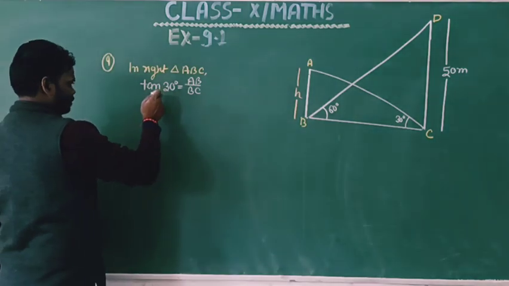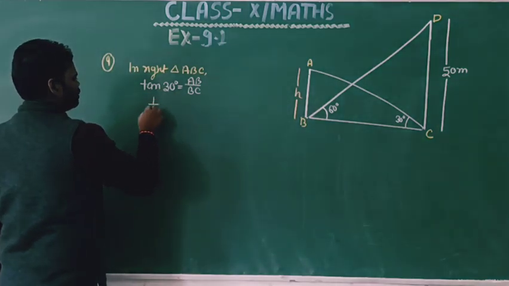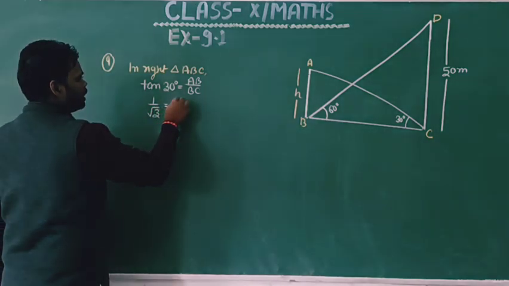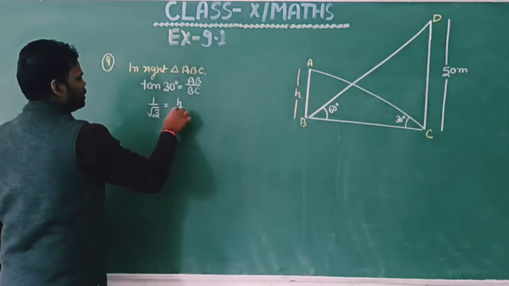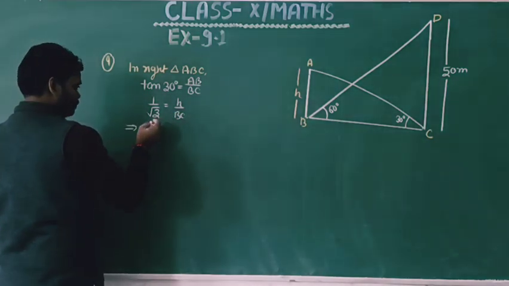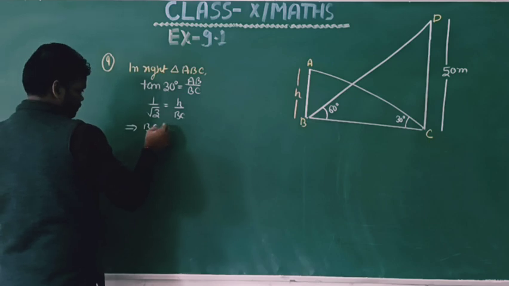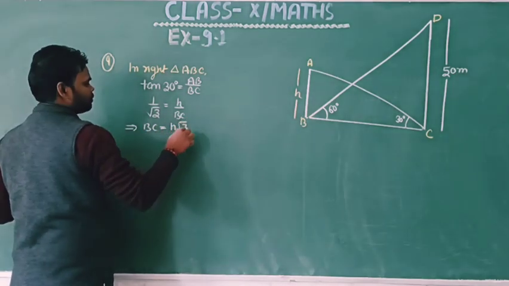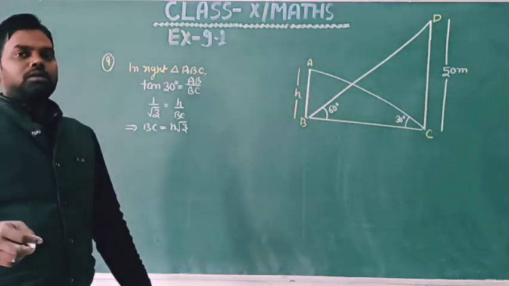So the value of tan 30 is 1 by root 3. So 1 by root 3 equal to AB is h upon BC, and after simplification BC equal to h root 3. Okay, h root 3.